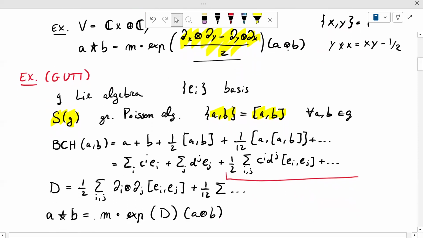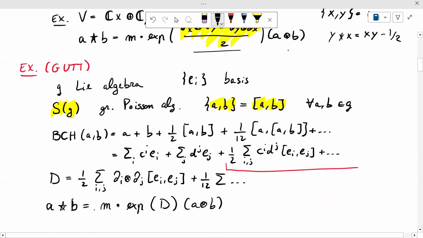So again, this star product looks of a similar form. We have again the exponentiation of this bidifferential operator. This D now comes from the Baker-Campbell-Hausdorff formula.